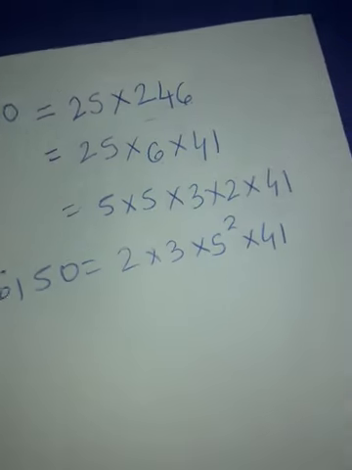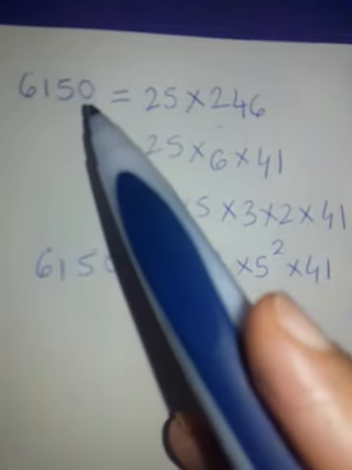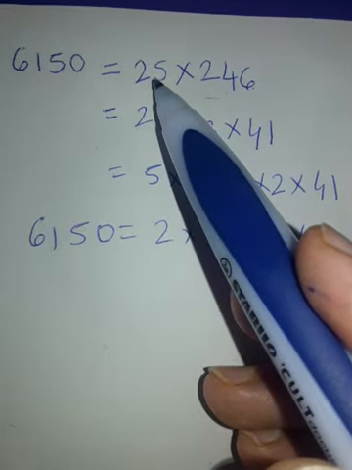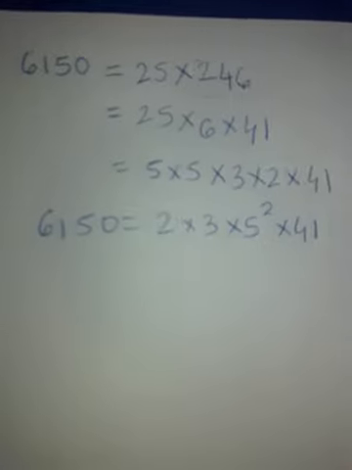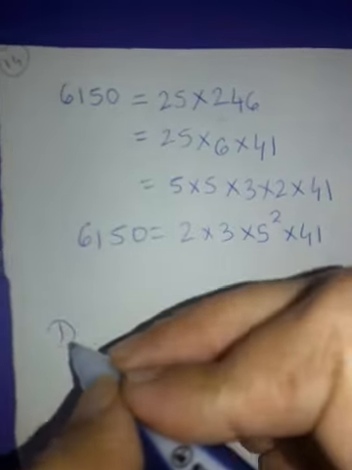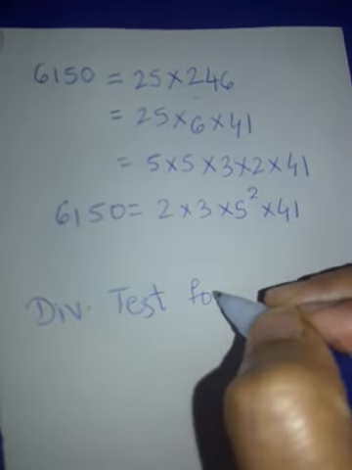6150 is this. So start with big factors. Here you could have started with 5 also, 10 also, but you could have directly started. If you directly started with 25, that will save your time. That brings us to another divisibility test for 50.